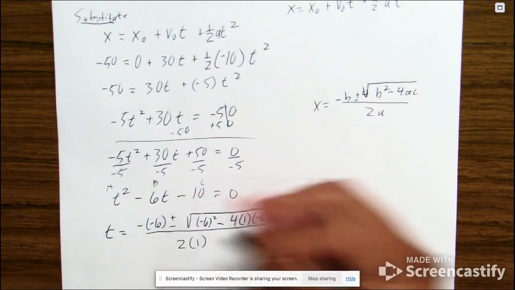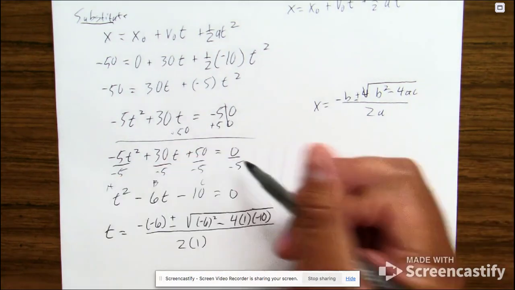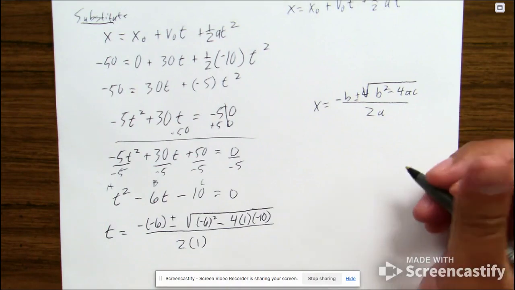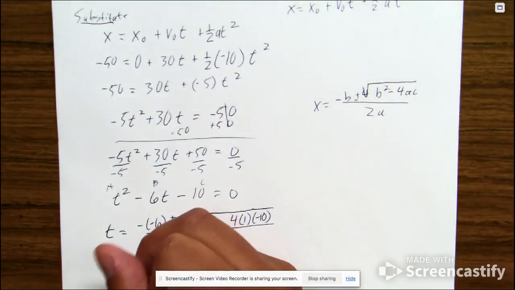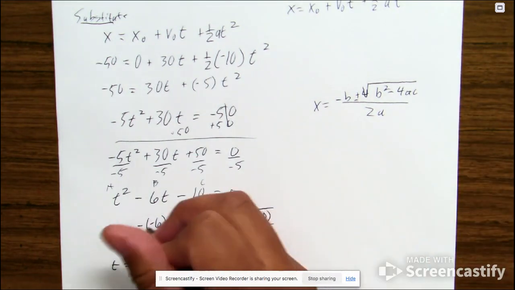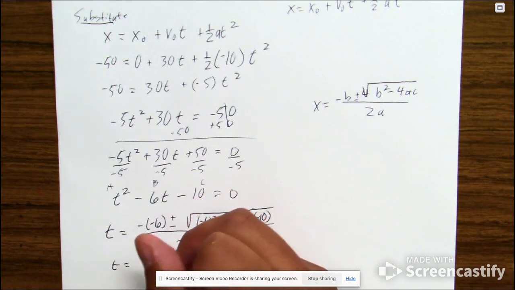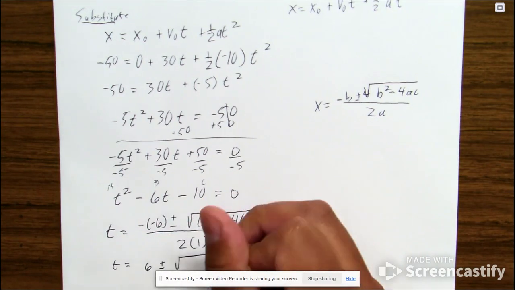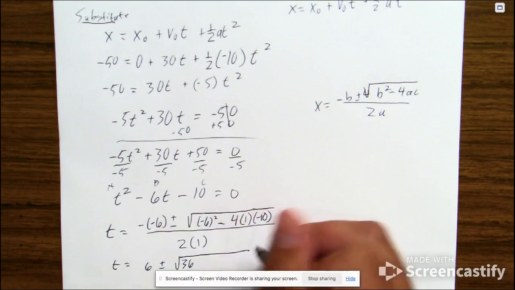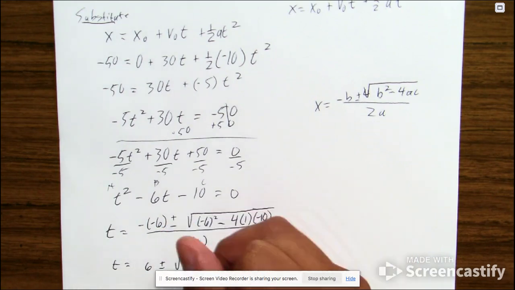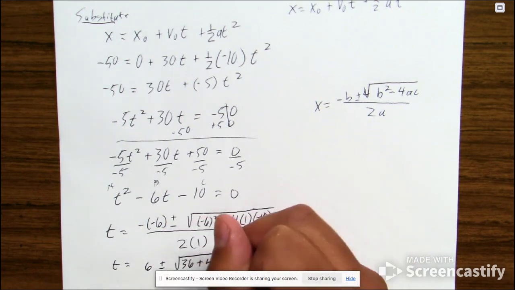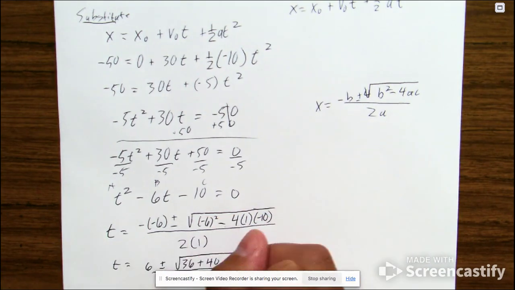A is a convenient one. And that's why I wanted to divide that negative out, because it might get a little bit messy. Then you simplify this a little bit more. Negative of negative is positive, so 6 plus or minus the square root. -6 times -6 is positive 36. This negative times negative is plus 40, all over 2.